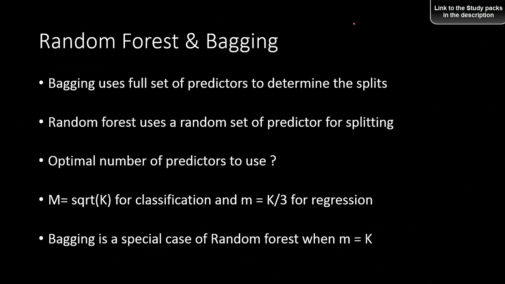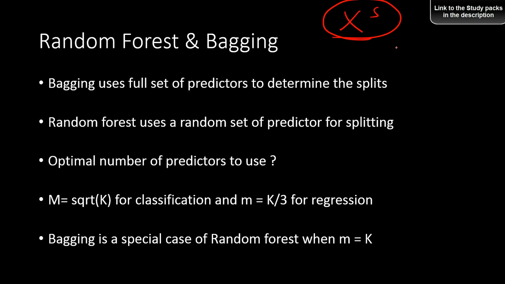Now in bagging, if you have the x variables, all independent variables, or features or factors, whatever you call them, all variables will be used while building the decision tree model for each subsample.